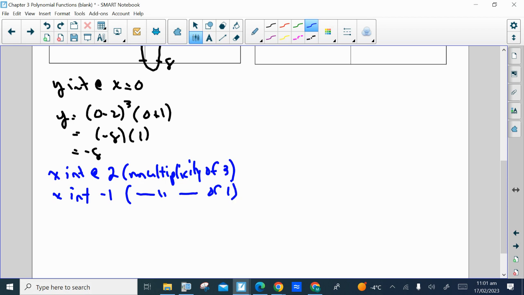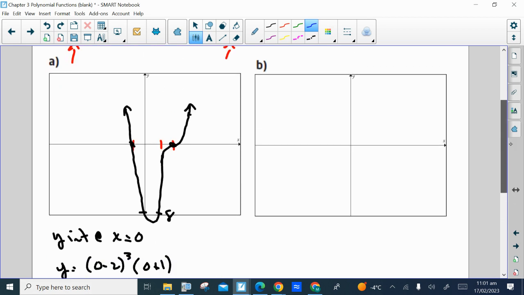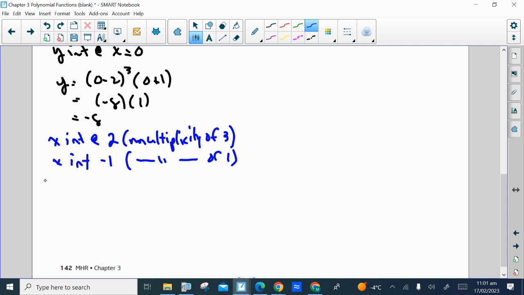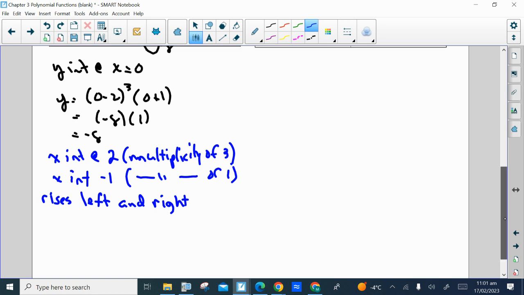We've shown where the y-intercept is, but we can also say that this graph rises left and rises right. So there's the characteristics that we use to sketch this graph.